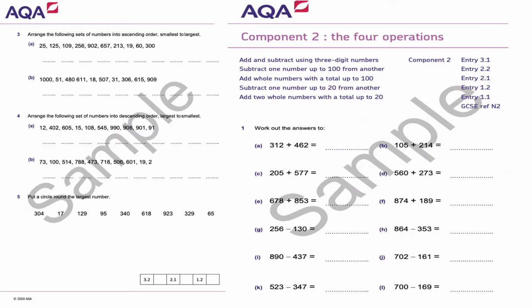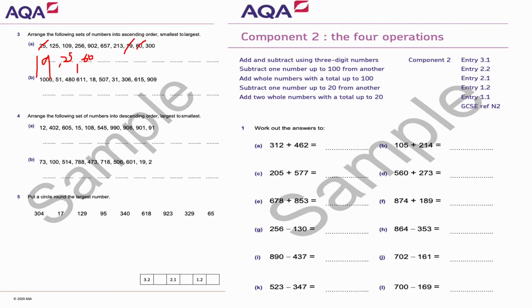Okay, this is question number 3. Arrange the following sets of numbers into ascending order, starting with the smallest. The smallest number that I can see is 19, and then I'm going to put a comma and cross that off the list. Then I'm looking at 25. Then it's going to be 60, if I'm not mistaken.